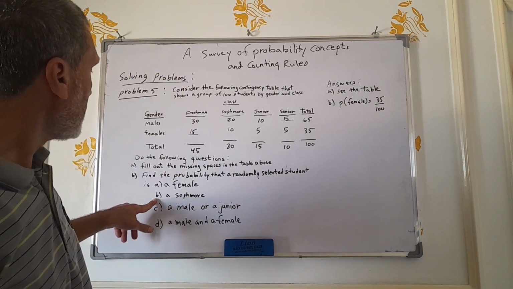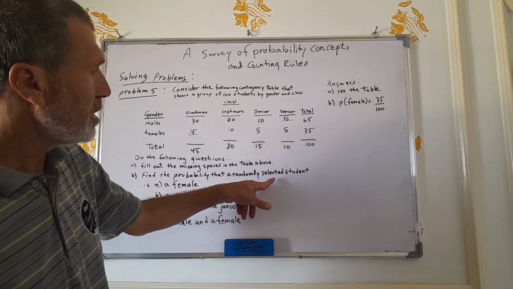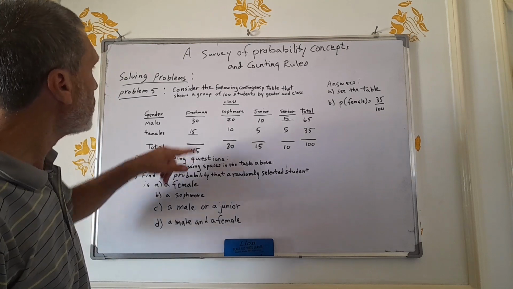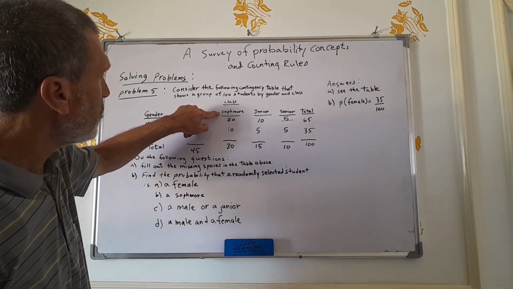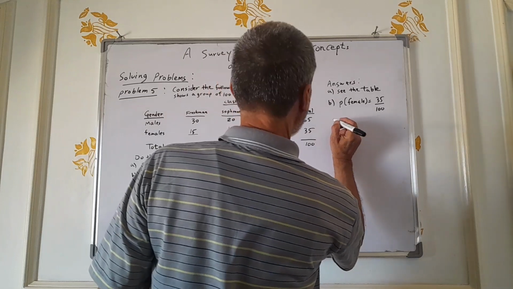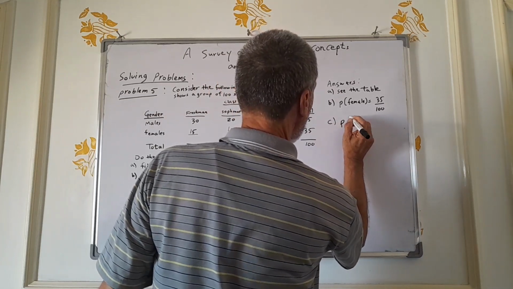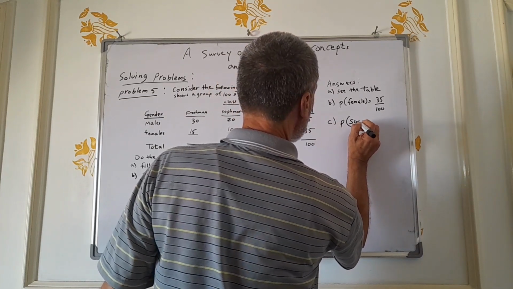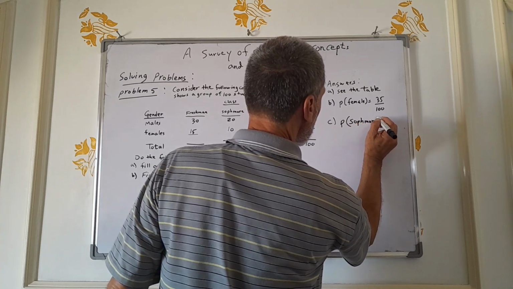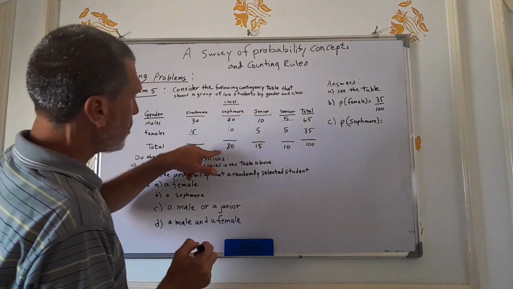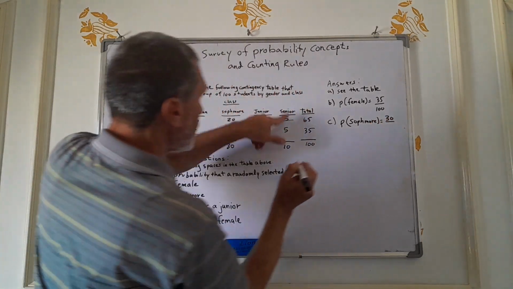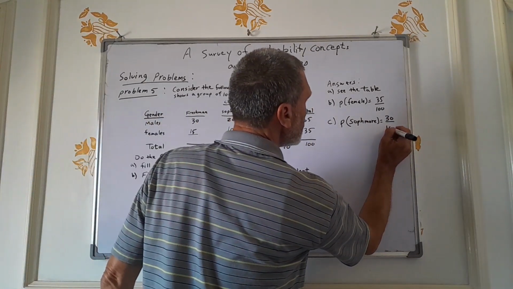C, what is the probability that this selected student is a sophomore? So we look over here, that's sophomore. How many sophomores do we have? We have 30. So C, probability of a sophomore is equal to sophomore 30 over the total number, which is 100.